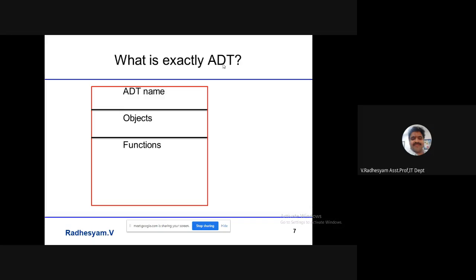Suppose, for example, we are learning now about stack. Here, the ADT name can be replaced with stack. ADT is nothing but a 3-compartment box, which is a representation for a data structure. By seeing an ADT, one can know about the data structure.